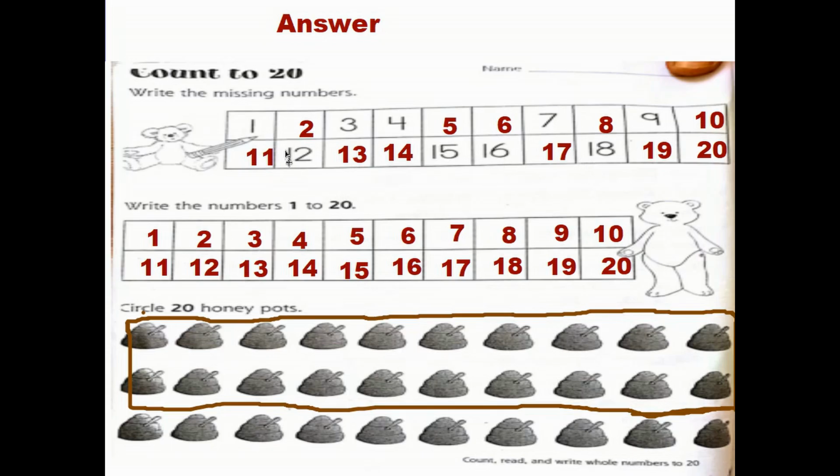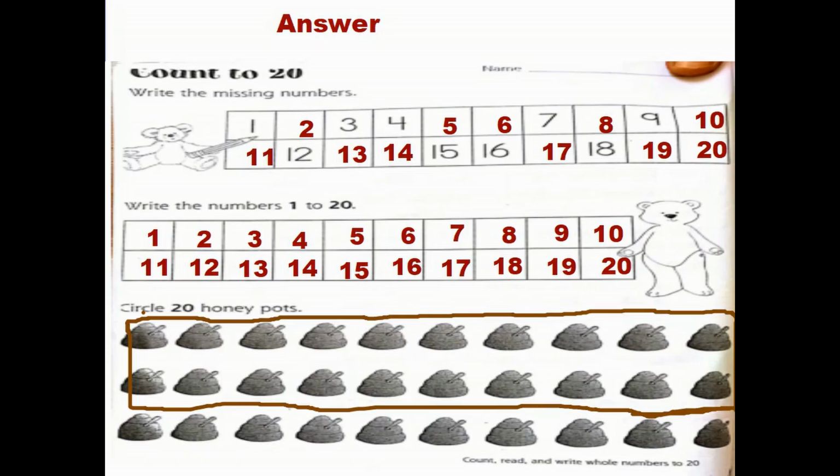You complete the blank space with this. And the second one, you write the numbers from 1 up to 20. And then you count first 20 honey pots and circle 20 of them. So based on this, try to relate your answers and take corrections.